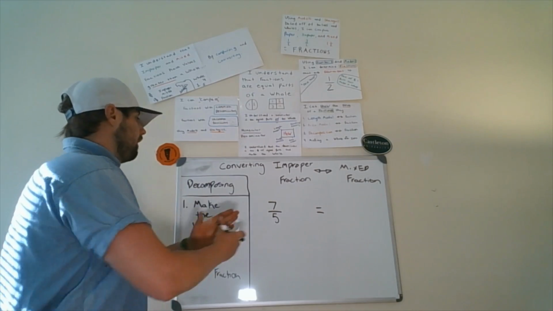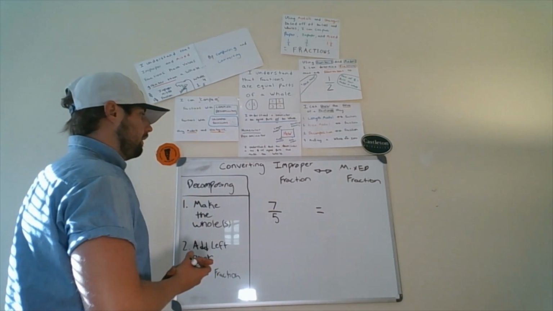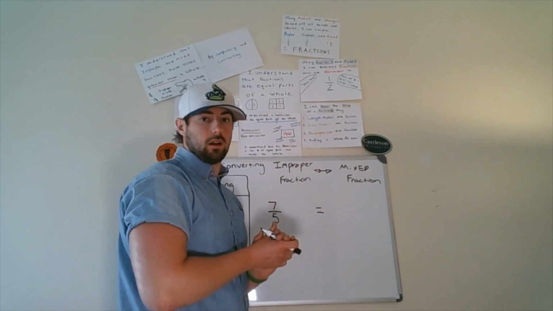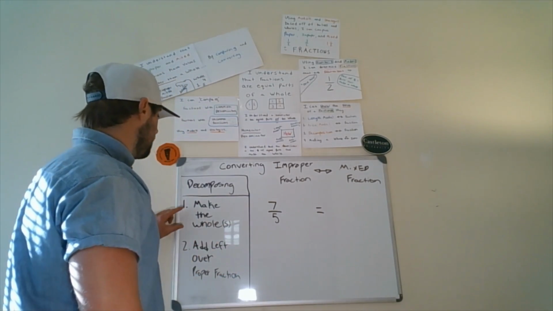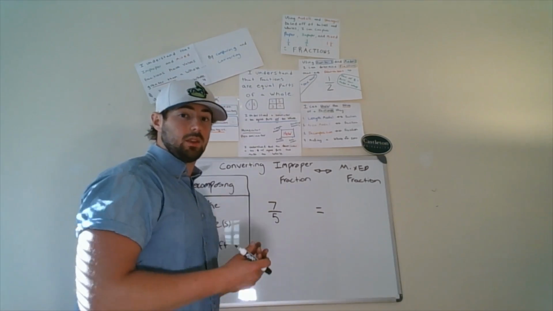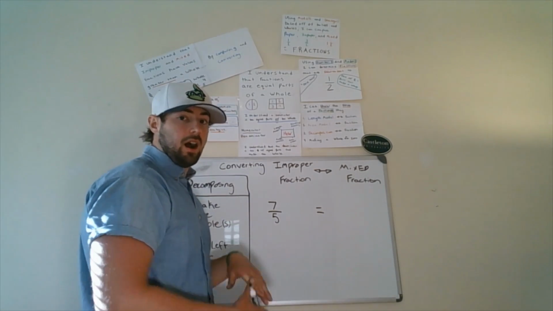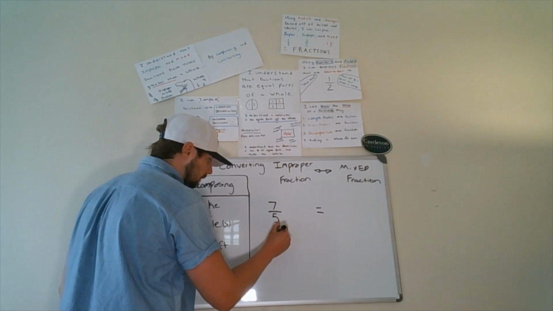We have an improper fraction, and we want to convert it to its equivalent mixed fraction. How do we do that when we're decomposing? First, we need to make the whole. If I know I'm working with fifths, I know that 5/5 will make that whole.